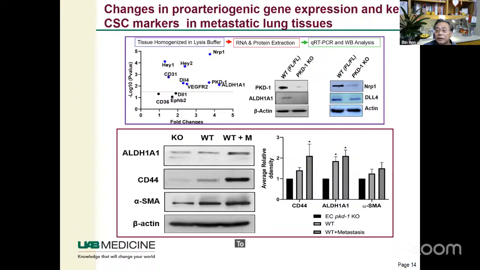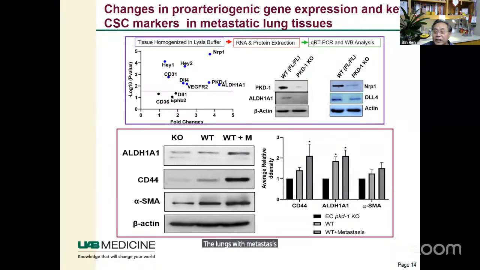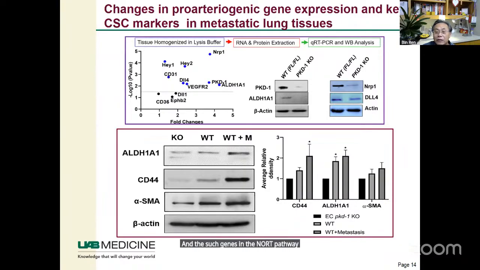To define the molecular mechanisms, we analyzed angiogenic gene expression in the control lungs and the lungs with metastatic lesions. As shown in these results, the lungs with metastasis demonstrated significantly higher expression of pro-arteriogenic genes at transcriptional levels, including PKD1, neuropilin-1, VEGF receptor 2, and such genes in the Notch pathway as delta-like ligand 4 and HEY2.